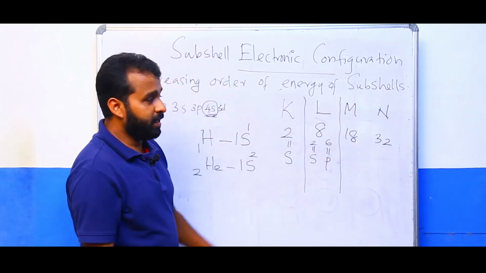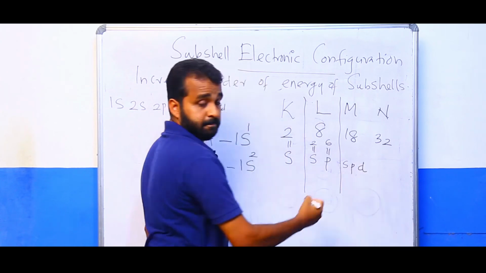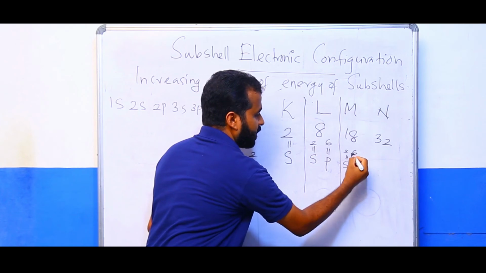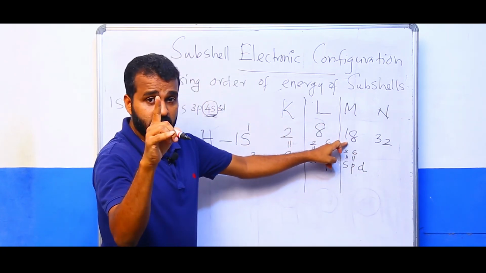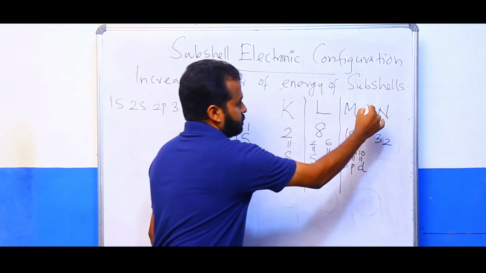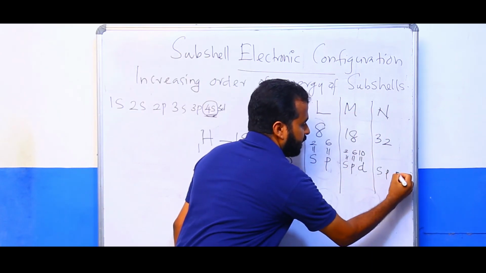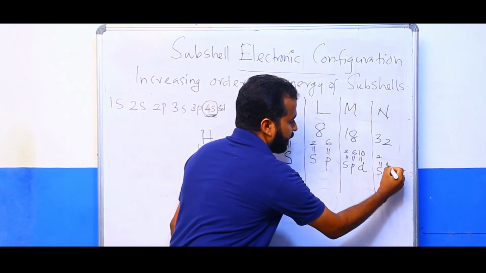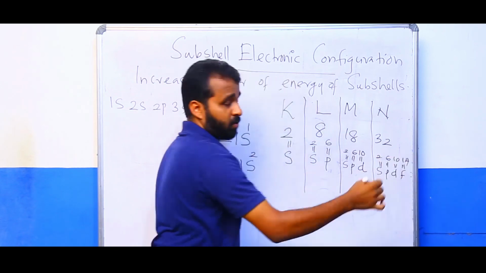Then the M shell has 3 subshells, s, p and d. s holds 2 and p holds 6; 6 plus 2 is 8, and 18 minus 8 leaves 10. That means d can accommodate a maximum of 10 electrons. Then the N shell has 4 subshells, s, p, d, f. s holds 2, p holds 6, d holds 10, f holds 14 electrons.